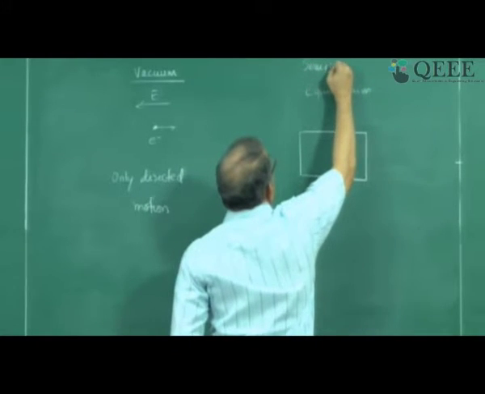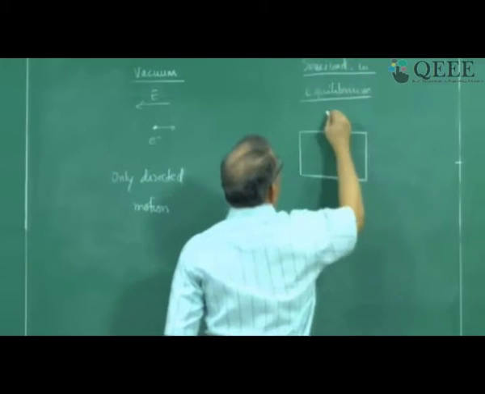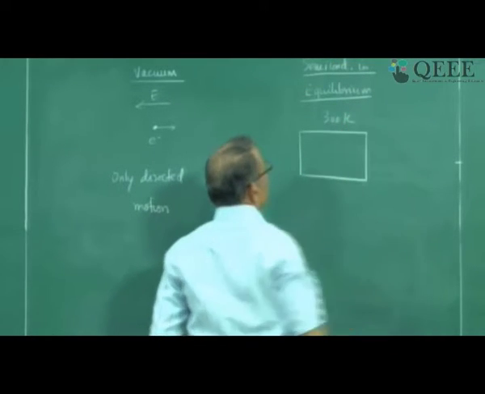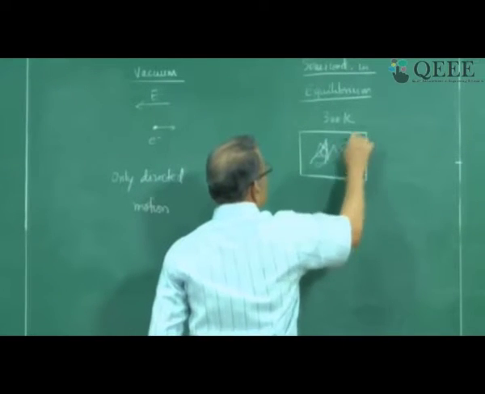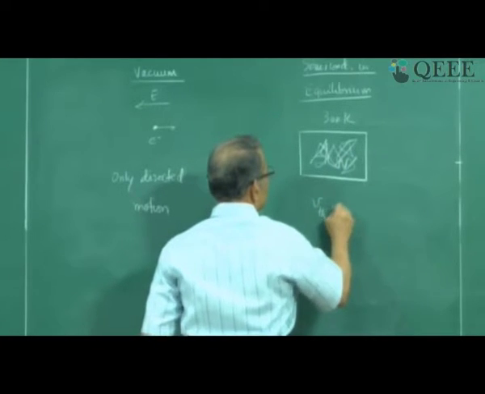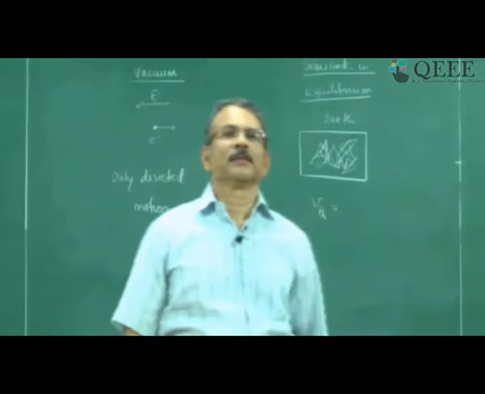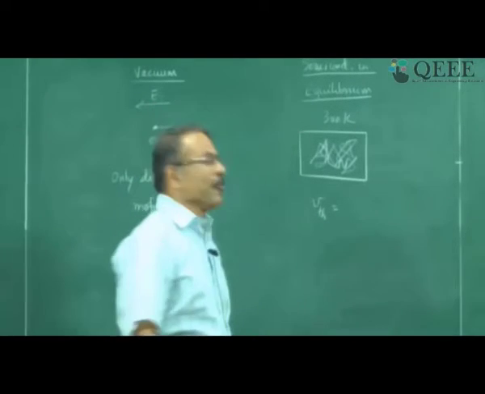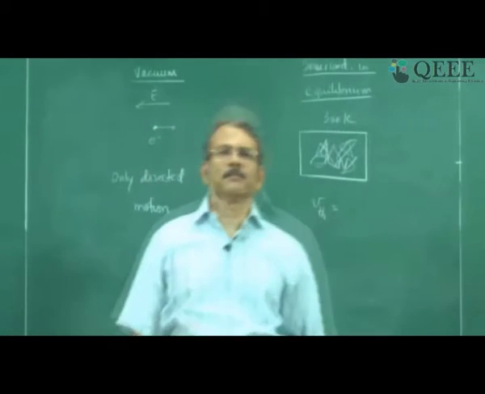A semiconductor in equilibrium at 300 K. So electrons and holes are moving like this randomly. What is the thermal velocity between any two collisions at 300 K? Can anyone answer?